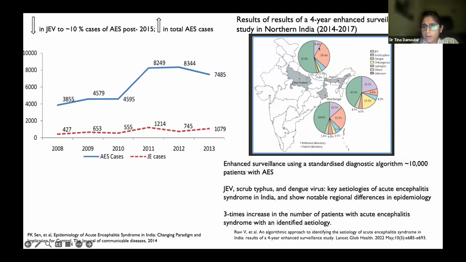As you can see over here, in Uttar Pradesh, scrub typhus was the most important cause, in Assam, the cause was either JEV or chikungunya, and in West Bengal, it was scrub typhus. Using an enhanced algorithm also increased the etiological diagnosis of AES to 3 times more than it was before using an algorithm.